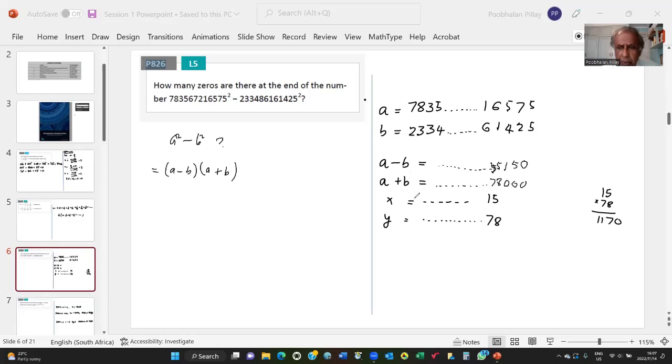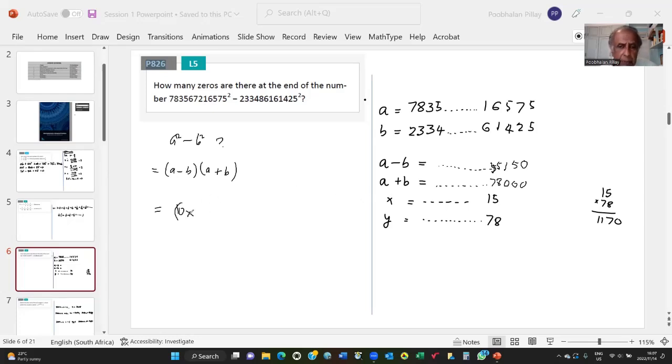Now we need to multiply these two numbers. You will see that A minus B is 10 times something. That something is a number which ends in 15, and we're calling it x.